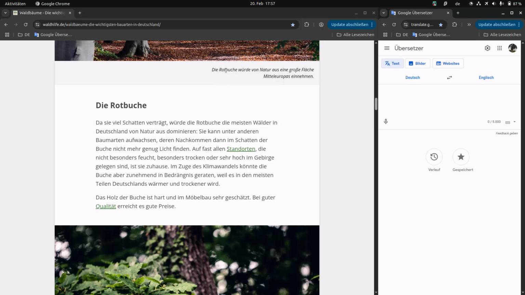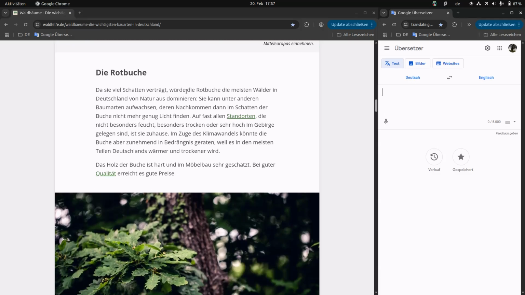The European beech would, from nature out, or by nature, a big area, of Middle Europe, take in, or as in the context, the European beech would by nature take up a lot of space of Middle Europe. Die Rotbuche, so the European beech.